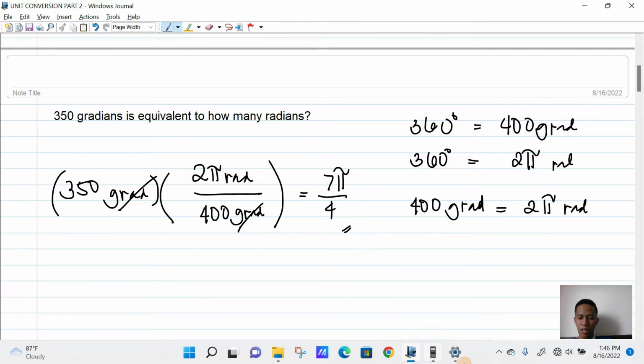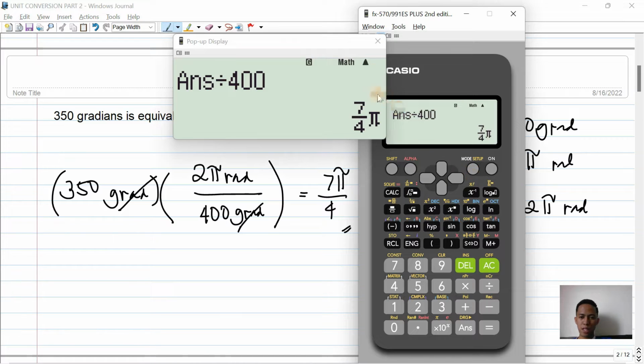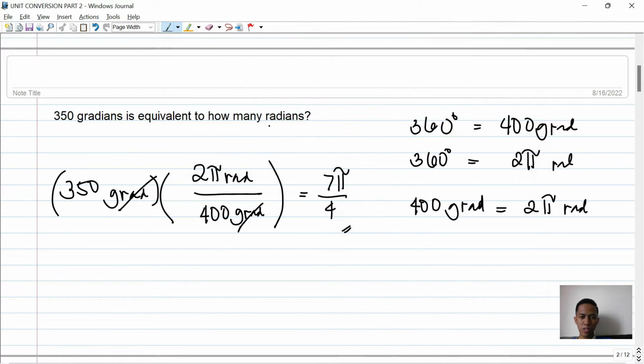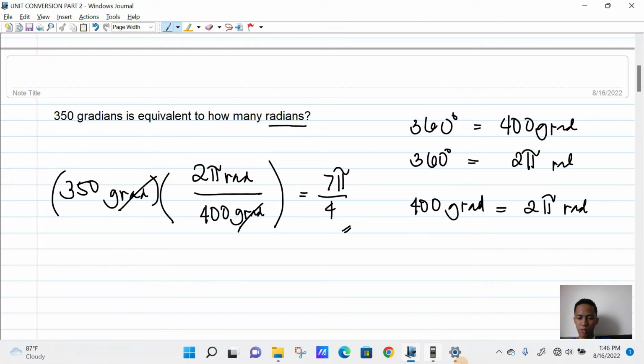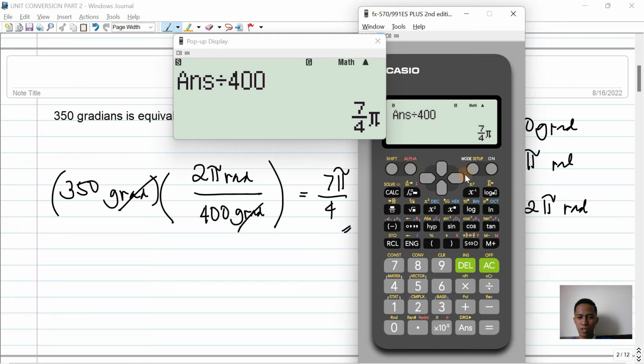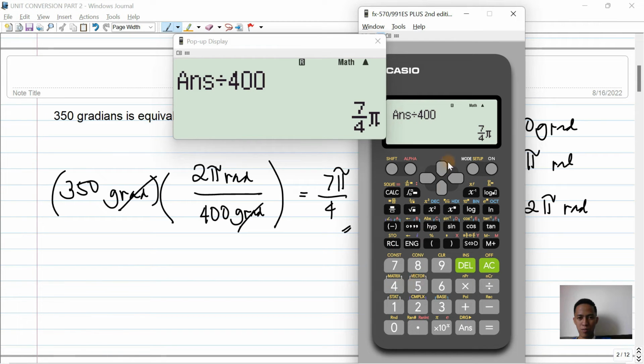Again, you can use your calculator to solve that automatically. So just click shift mode, and then you're converting to radians as you can see here. So dapat yung calculator natin guys naka-radian mode lang. So after you press shift and mode, you should choose number 4 kasi siya yung radian. Okay, number 4. Ibig sabihin, kapag may R dyan, naka-radian mode na yung calculator natin. Okay, just click easy lang para makapag-input tayo.